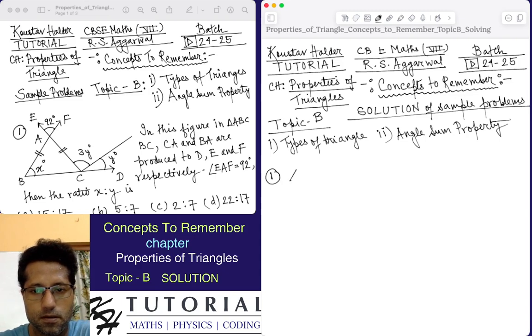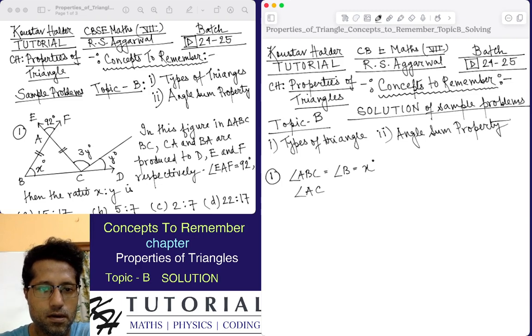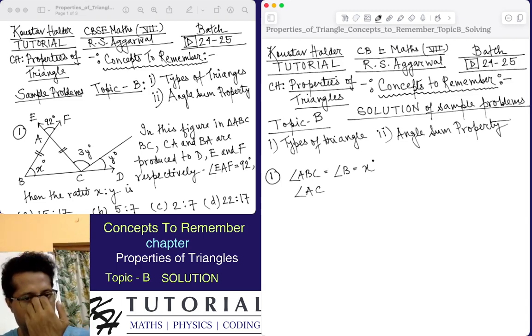Now it is given that angle ABC, that is angle B, its measure is X degree. There is no letter mentioned for the ray that is standing on the line BD at point C, which is measuring Y degree.